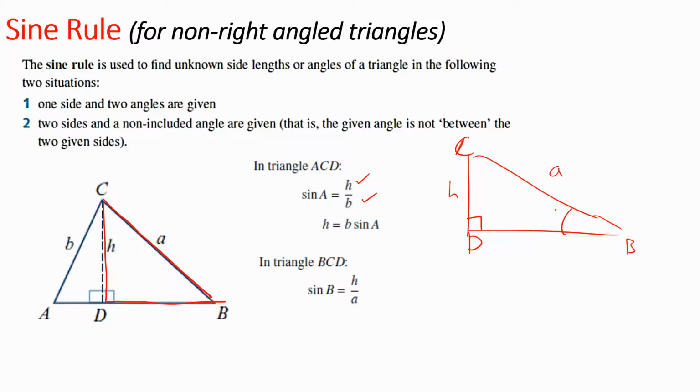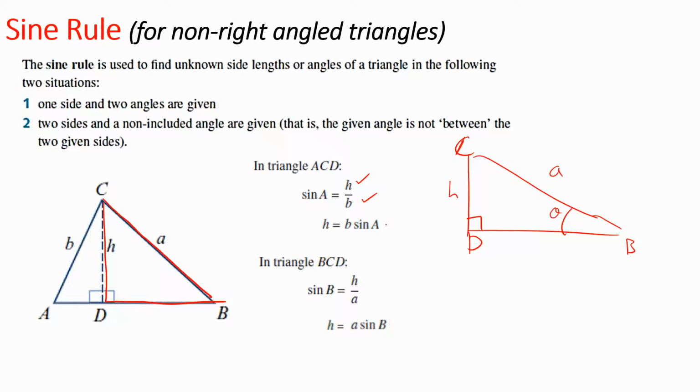If this is angle B, I can say sine of the angle B is equal to opposite over hypotenuse. So you've got H over A. And conveniently, H will equal, multiplying A on both sides, A times sine B.